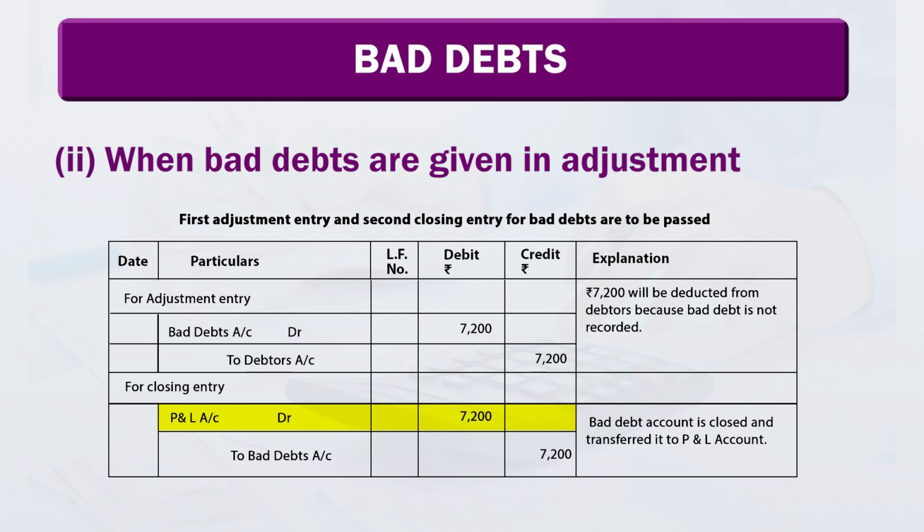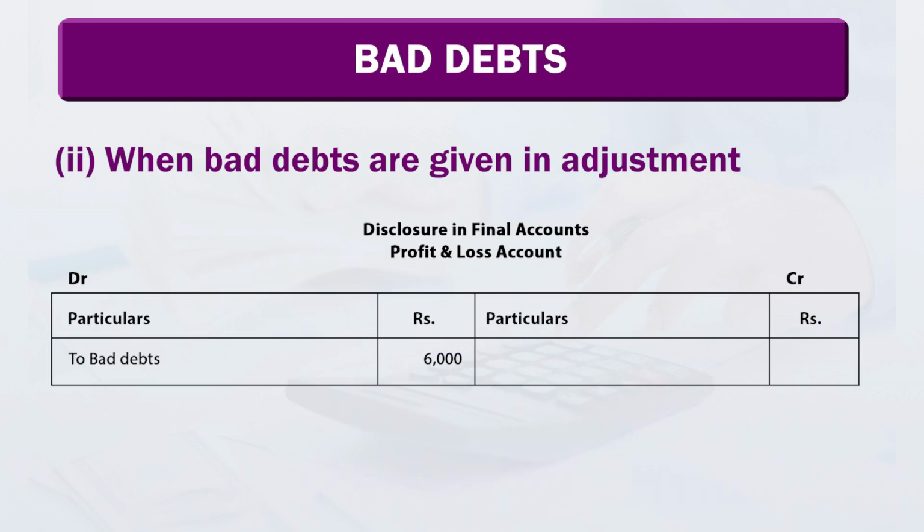So, P&L account is debited by 7,200 and bad debt account is credited by 7,200. Ultimately, the final effect: in the first entry we debited bad debt 7,200, in the second we credited, so bad debt account is closed and the final effect goes to debtors account, that is, debtors would reduce by 7,200 and profit would reduce by 7,200 rupees. Now, disclosure in final accounts.